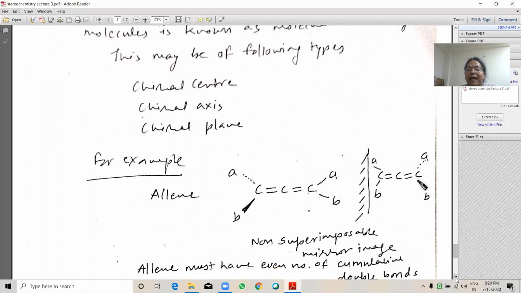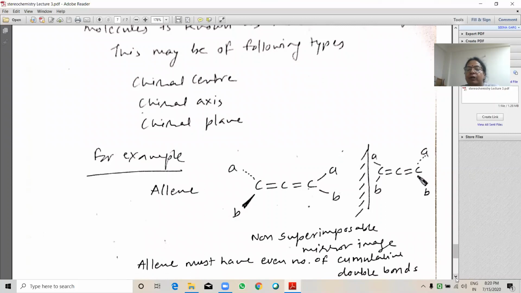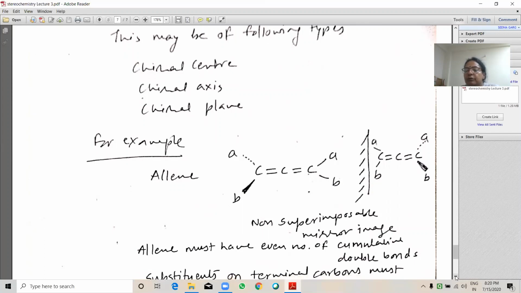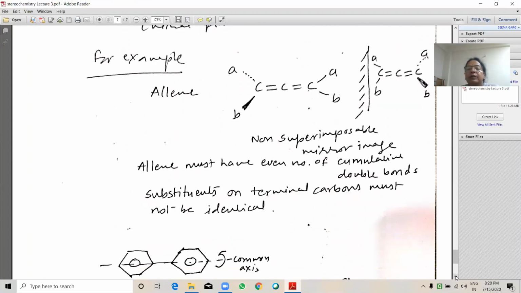For example, allene. The allene molecule has cumulated double bonds, and if the substituent groups are different, then its mirror image is not superimposable, so it will show molecular dissymmetry or optical activity.